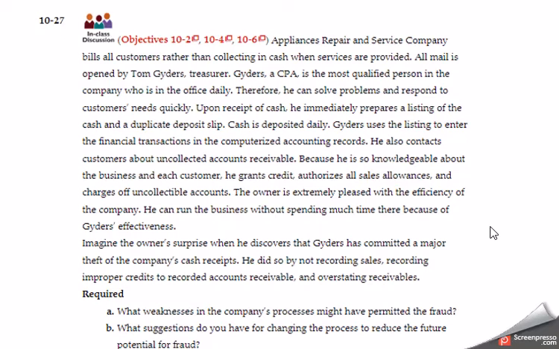But we definitely at least know the weakness is that there was opportunity. And where the opportunity comes into play is that there's no segregation of duties. He's really it. When you have that scenario, like I said, I worked at a plastic injection molder that was a small business, and I was that CPA. So I was the person who really did it all. I had a person who worked under me, but I really handled all that stuff.